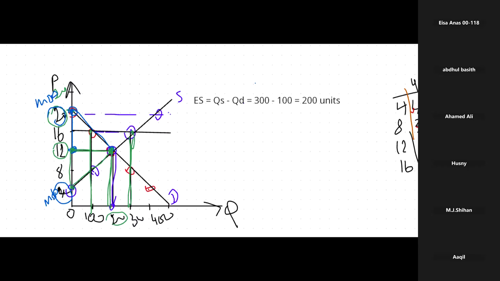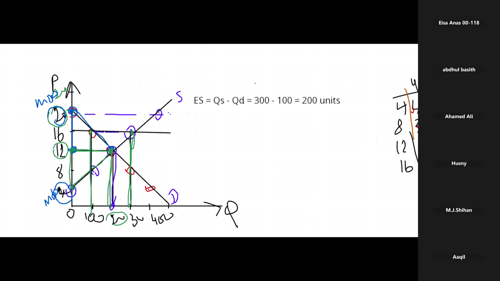The meaning here is at the price of 16, producer is ready to supply 300. Consumer is demanding only 100. Therefore, in producer's hand, another 200 unsold stock is there. I'll explain this again. If the price is set above the equilibrium, equilibrium price is 12, so if the price is fixed above 12, what do producers do? They think that they can supply more, so they are supplying 300.